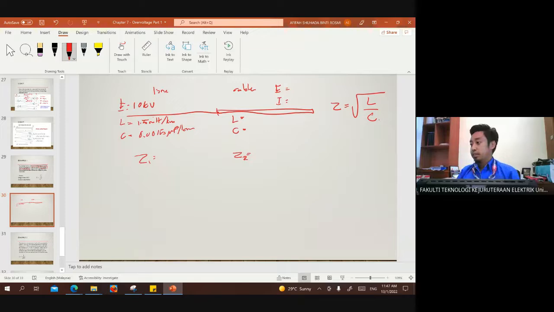Dapat berapa nilai Z? Syaril dapat apa? Nilai Z? Senang kan ni, tekan kalkulator je.